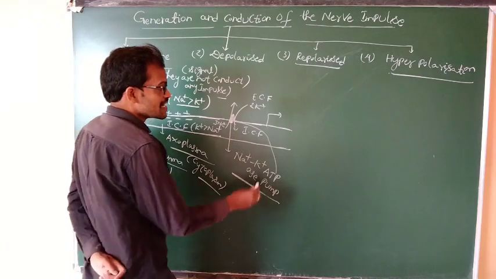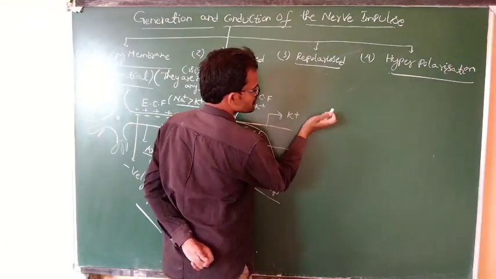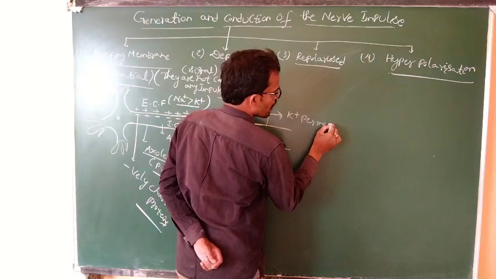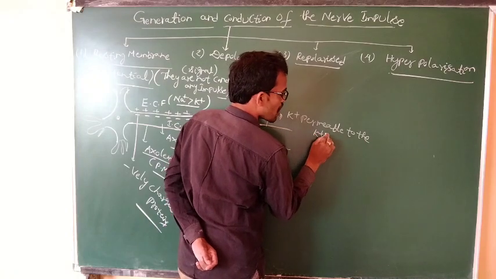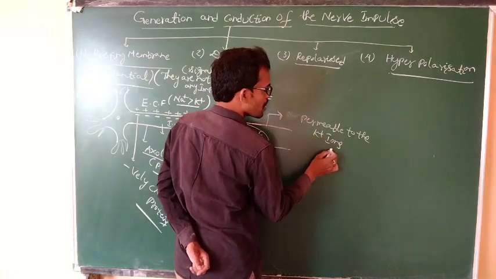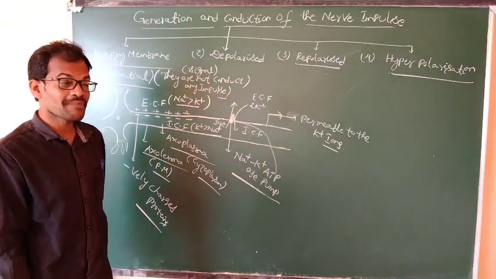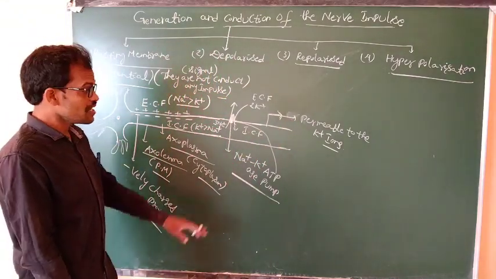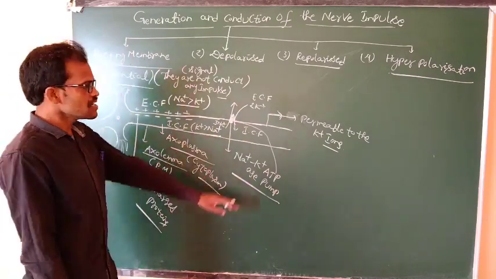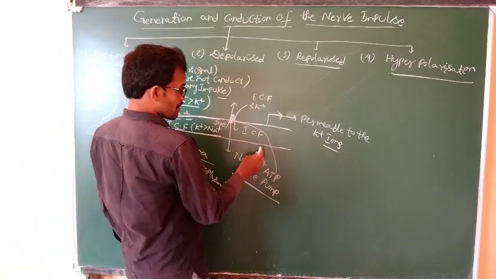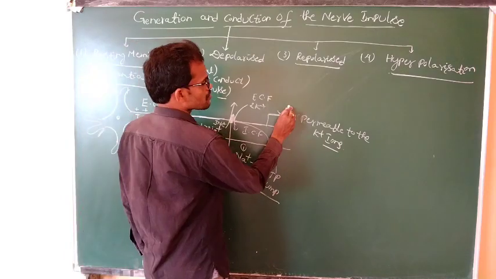During the resting membrane potential, the membrane is more permeable to potassium ions. First, the sodium potassium pump maintains the balance. Second, the membrane is permeable to potassium ions.